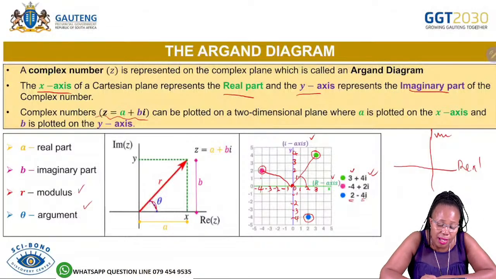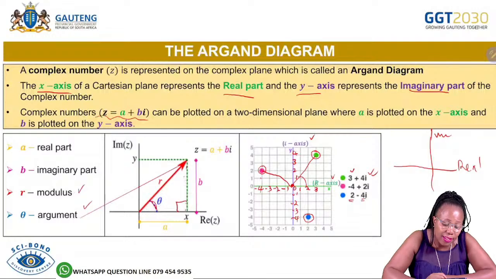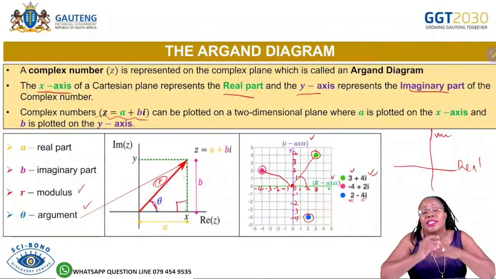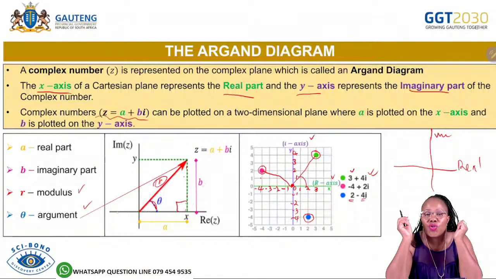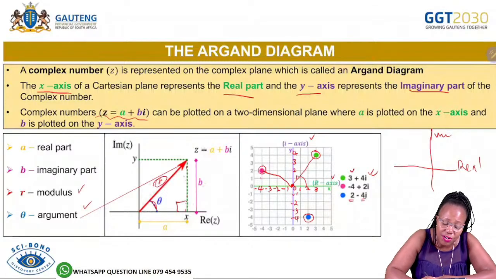And then the modulus will be, remember, this will form a 90 degrees angle if you draw that line. And then now this r line here will be our modulus. Modulus, as you can look at that, is the original hypotenuse side that we use in trigonometry and so forth in our triangles. It is opposite the 90 degrees angle.